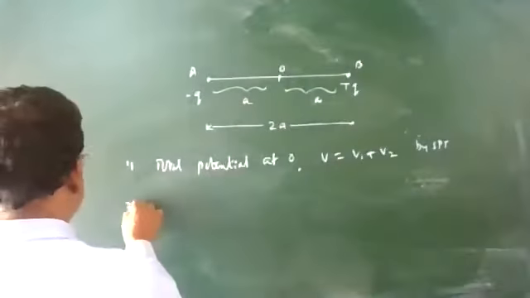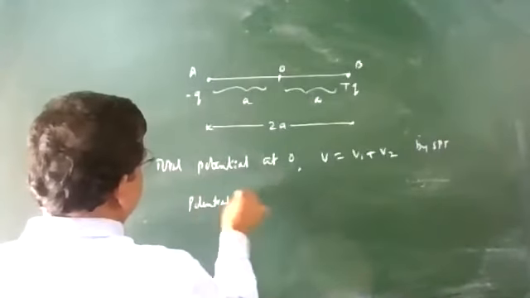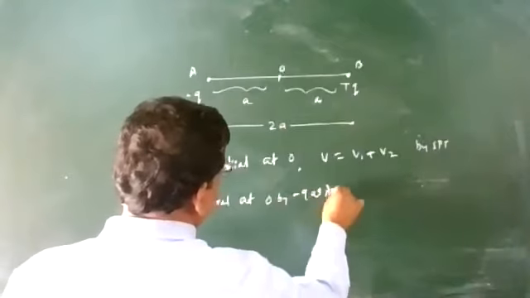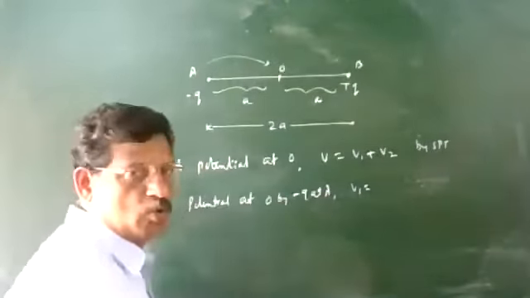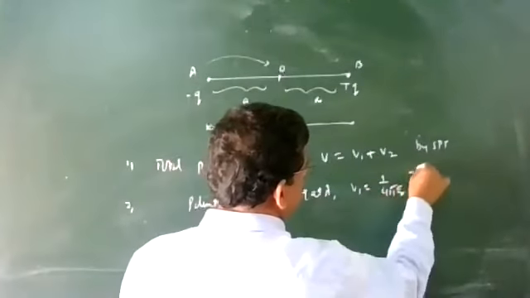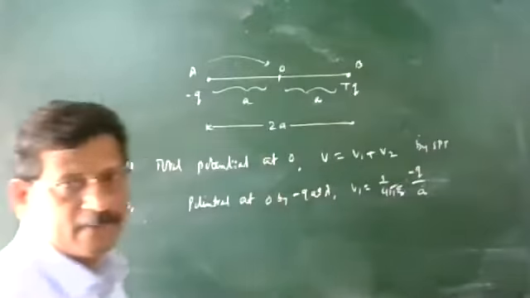Next point. Potential at O by minus Q charge at A is characterized as V1. Minus Q वाला charge का potential at O, that is 1 by 4 epsilon 0, it is minus Q divided by A. Minus Q लगाना.